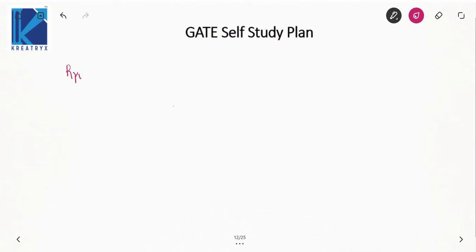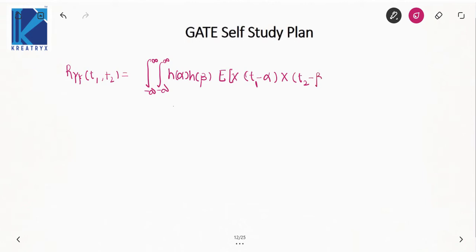So ryy of t1 comma t2 becomes the integral from minus infinity to infinity of h alpha h beta times the expectation of x of t1 minus alpha into x of t2 minus beta, d alpha d beta.